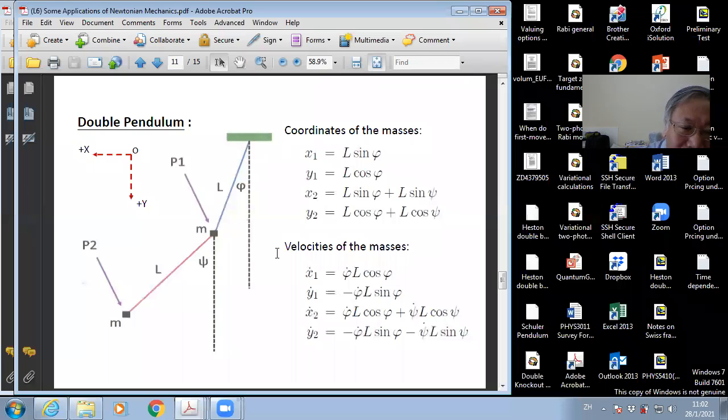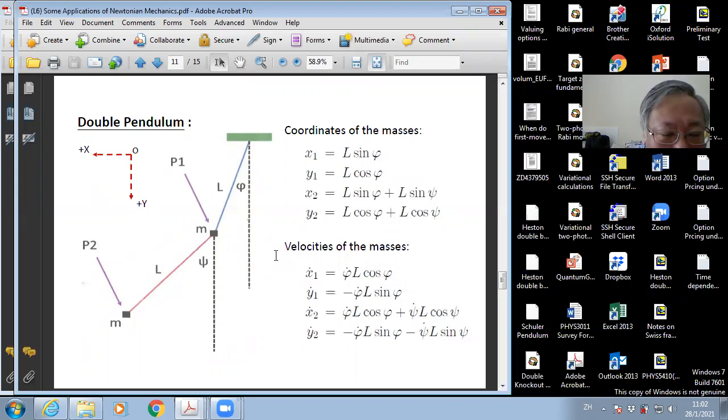If you insist on using Cartesian coordinates all the time and derive the corresponding Euler-Lagrange equations in Cartesian coordinates, it will be okay.